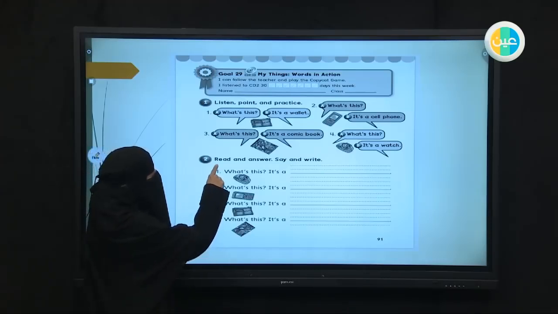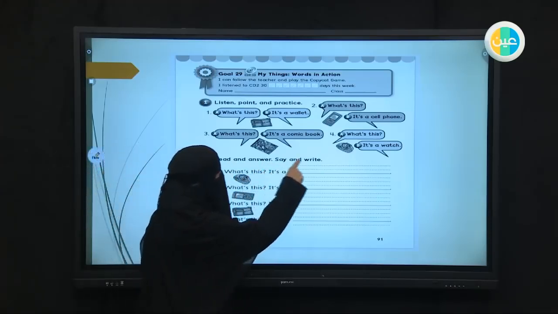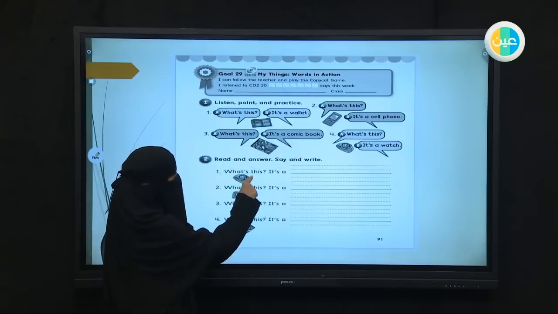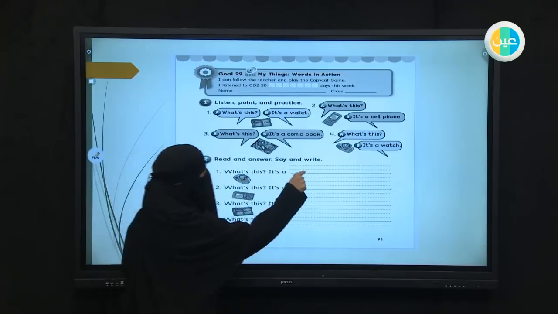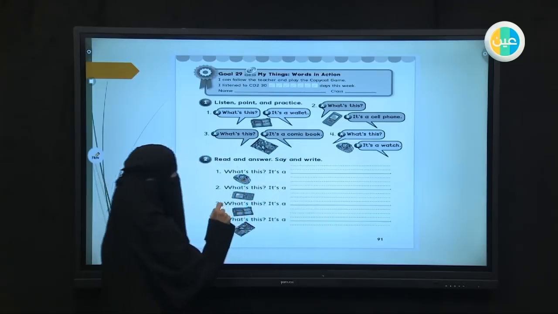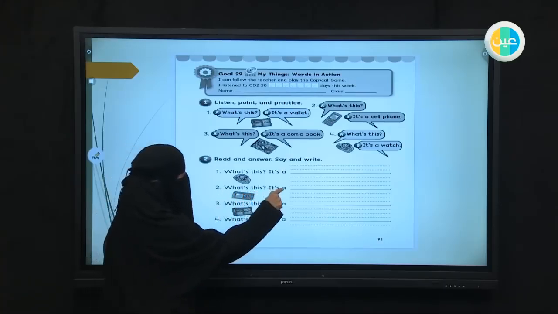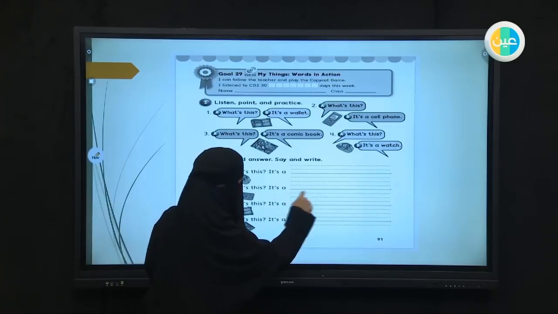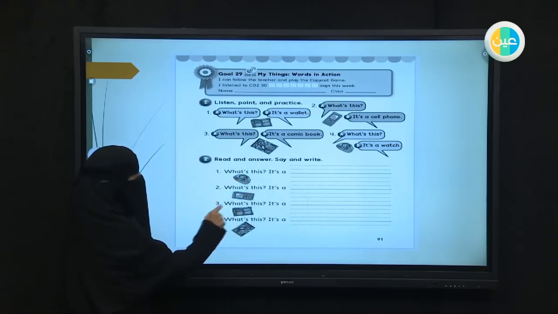And number 2, read and answer. Say and write. So here you're going to have to write. What's this? It's a, what are you going to write? What's this picture? Yes, you're going to write the word watch in the space. What's this? It's a phone or a cell phone. So you're going to write the word cell phone in the space. What's this?